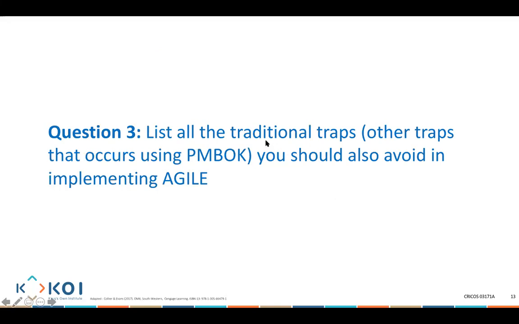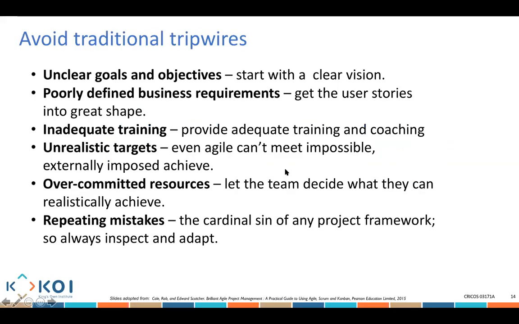List all the traditional traps, other traps that occur using Pinbook. The traps you should avoid in implementing Agile project management. Well, when you try to work on a goal, and that goal is not clear, that objective is not clear, when the vision is not clear, when people don't understand what they need to really do, you're not going to be able to get any of the outcome that we needed to deliver.